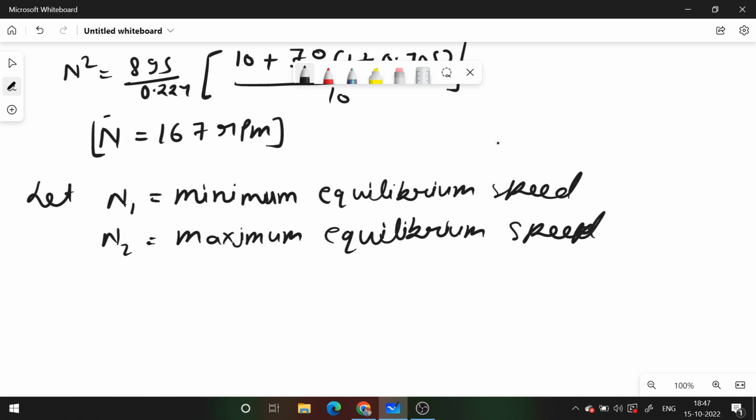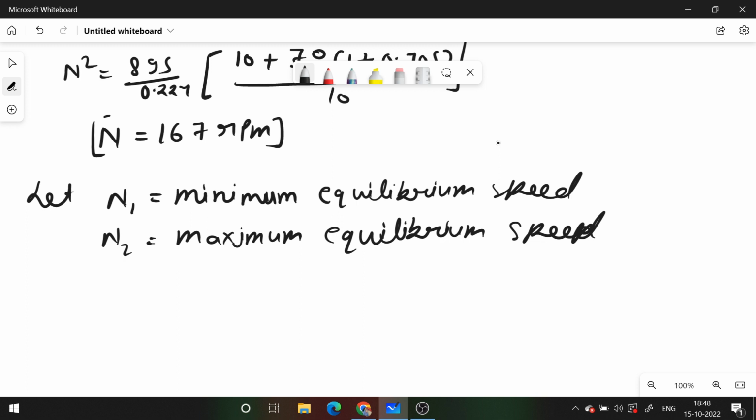Now we know that when the sleeve moves downwards, the frictional force acts in upward direction, because the frictional force always acts in the opposite direction of the motion.